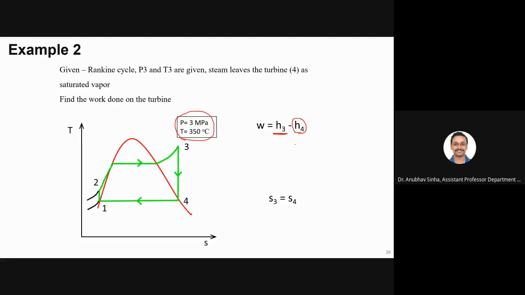So for H4, what is known for 4? For 4, I know two things. What is the condition for 4? No, 4 is not at 3 megapascal. 4 is a saturated vapor, I just know that 4 is in the saturated vapor region, and I know the entropy at 4.